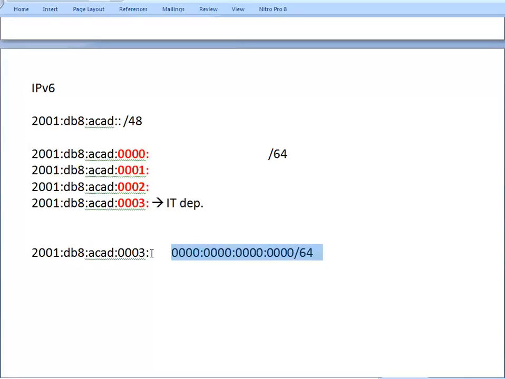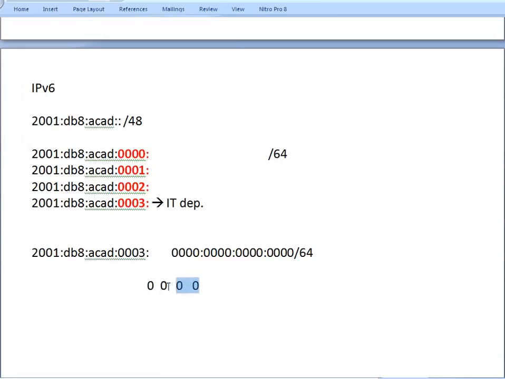This side is for the host, but they can use these host bits if they want to subnet even further. If they want to create a different subnet, this last hex digit is 4 bits in binary.